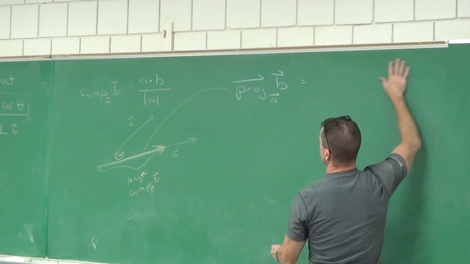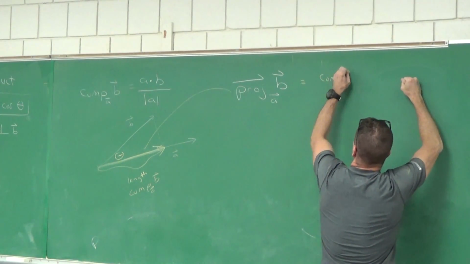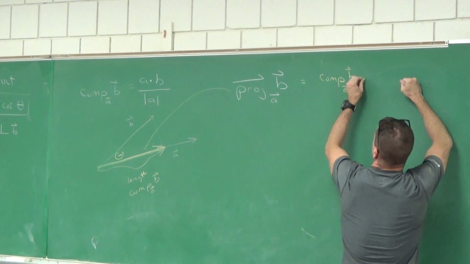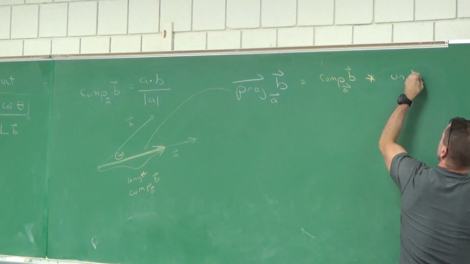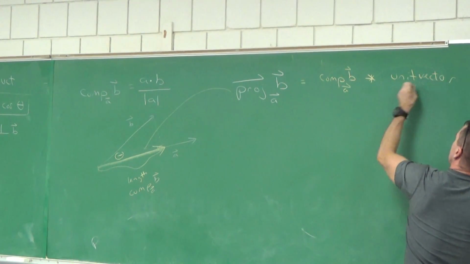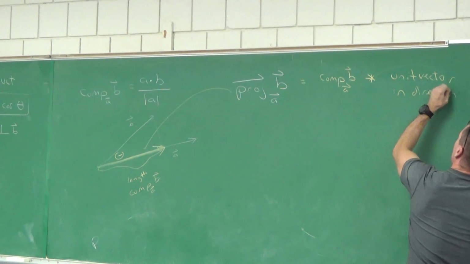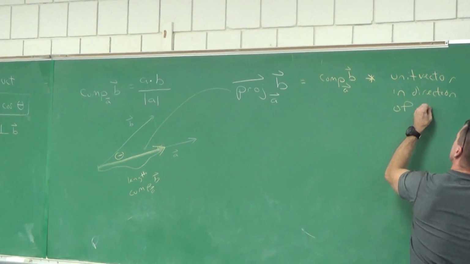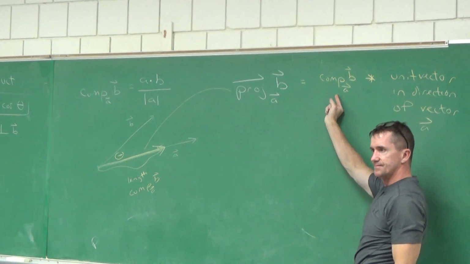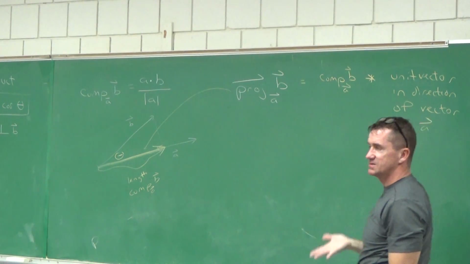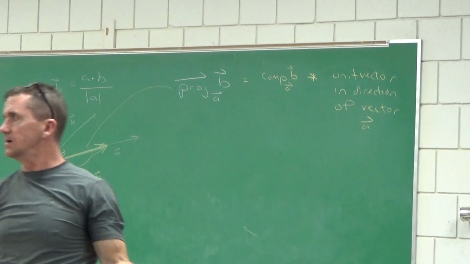So it's just the component of B onto A, that number, multiplied by a unit vector in the direction of vector A, the one that's underneath. I put that in words; that's how I remember it, so that you don't have to remember a whole new formula.